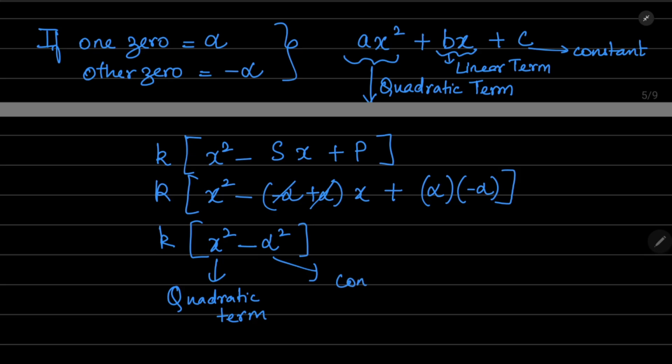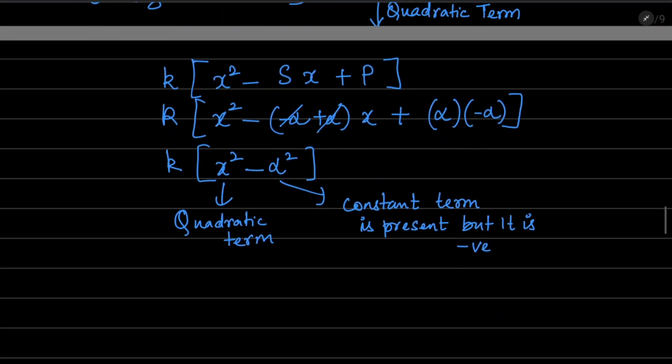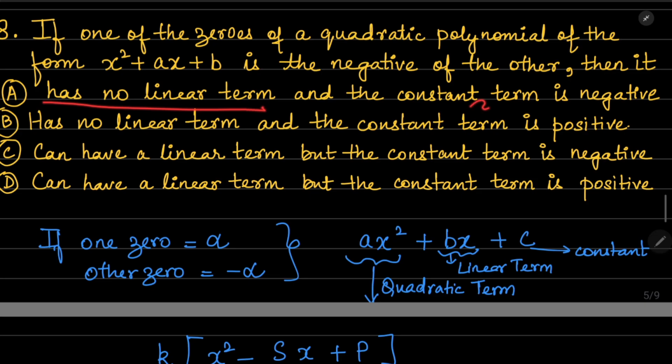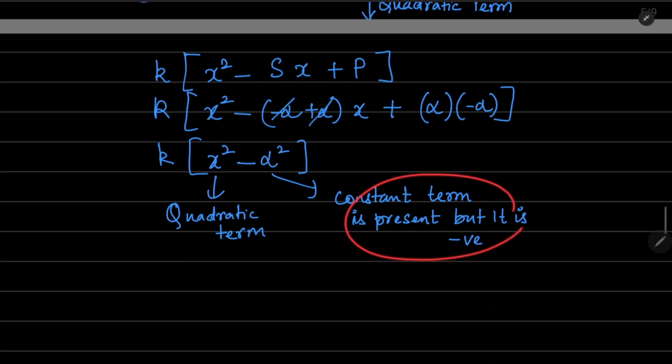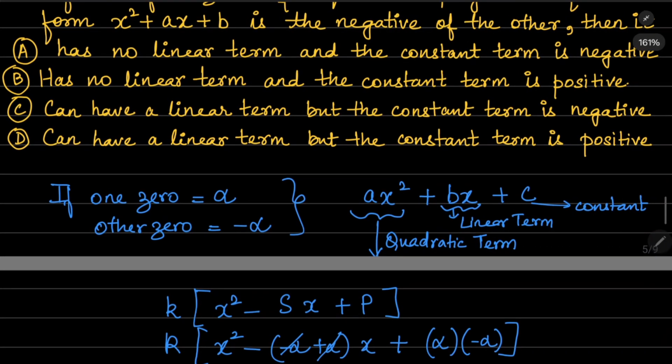So you can say that the constant term is present, however, it is negative. So what will be our answer here? Does it have any linear term? Does it have any x term? No x term. So look at the first option: it has no linear term and the constant term is negative. So the option would be option A, the first option. This is the correct option, option A.